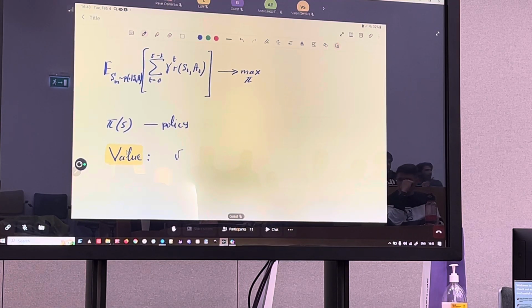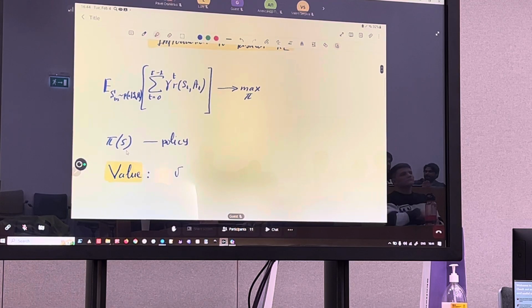So now, if you look carefully at this sum, or this statistic overall, what does this statistic depend on? Can you tell me?